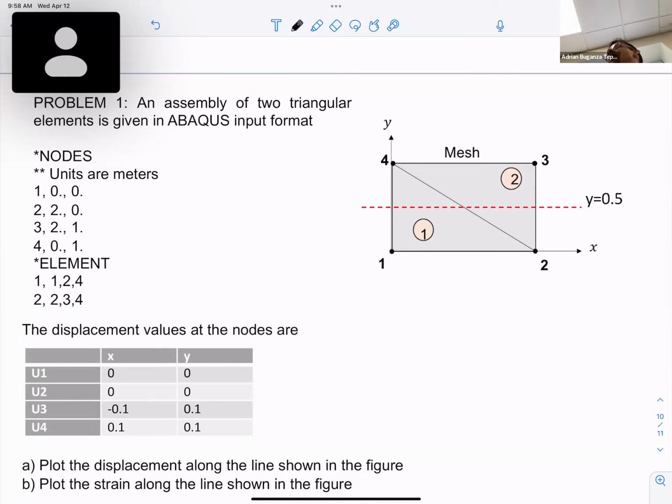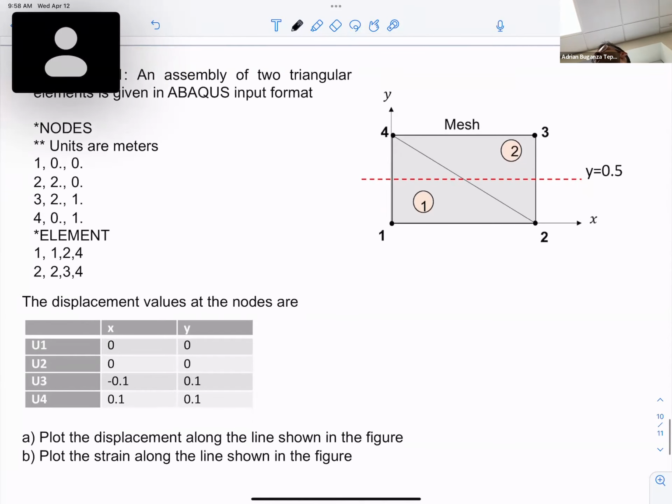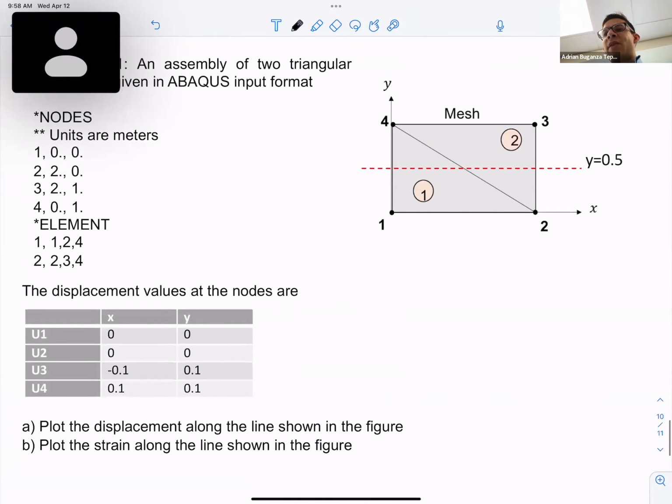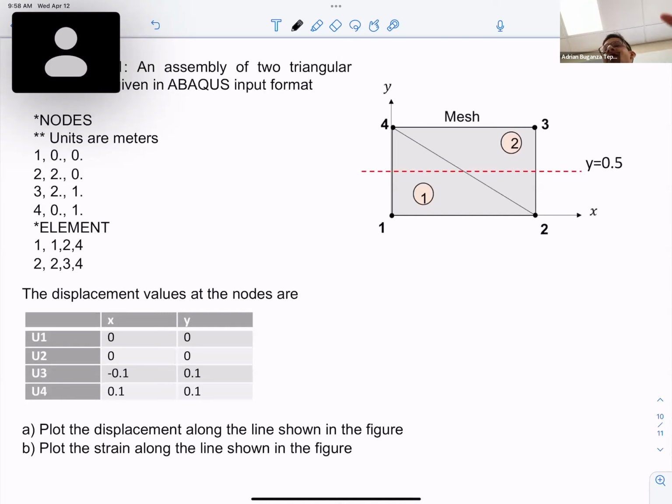The question is, plot the displacement along the line shown in the figure, y equals 0.5, and plot the strain along the line shown in the figure. I'll give you 10 minutes to discuss, and I'll go around and help you out. You will have to go to your notes to find the shape functions and their derivatives for the triangle.